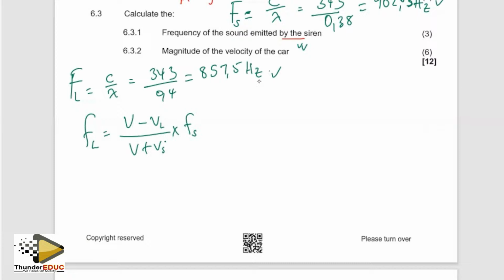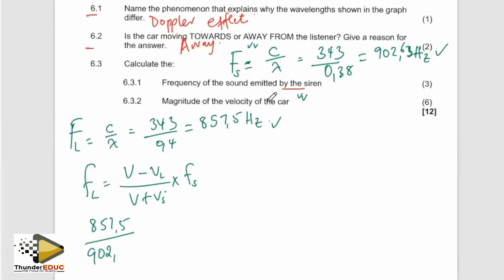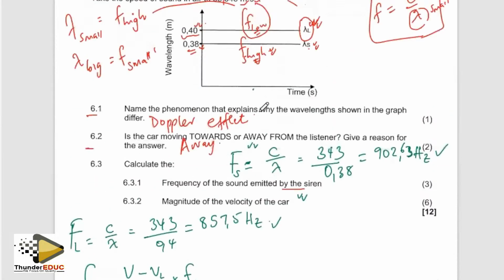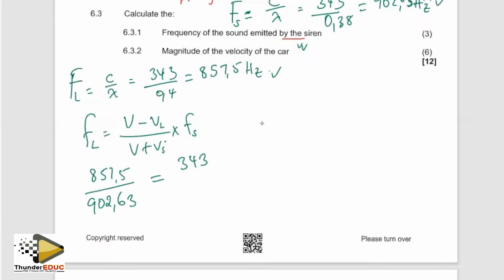The listener has 857.5, the source 902.63, is equal to V, the speed of sound in air, 343, minus the velocity of the listener who was just standing, over 343 plus the velocity of the source.